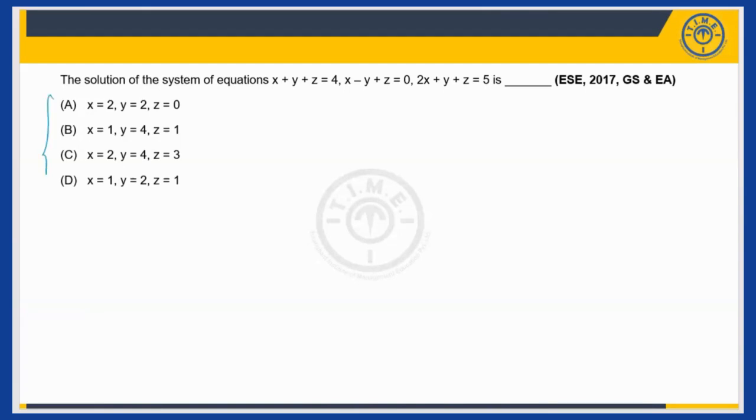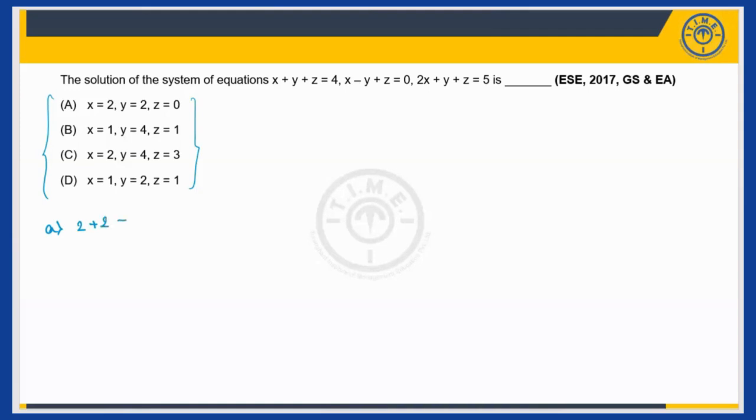Now, if the options are given in this way, don't go and solve the system of equations. Just go in a reverse process. That means substitute the values and check for which values all the three equations are satisfied. Now, if I'm looking at X equals 2, Y is 2, Z is 0.